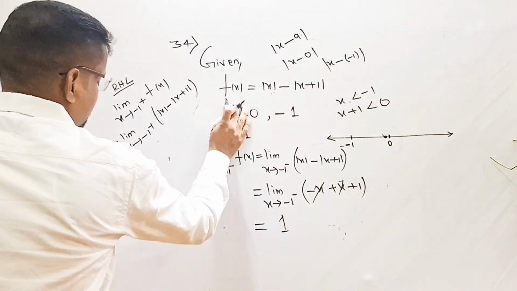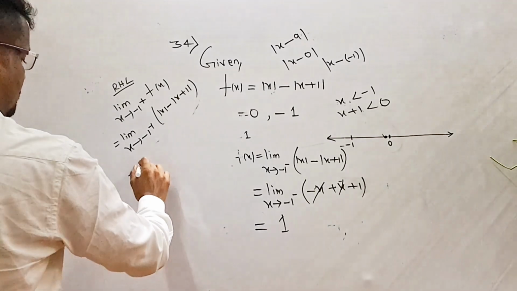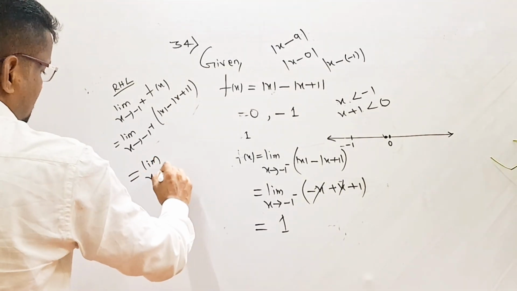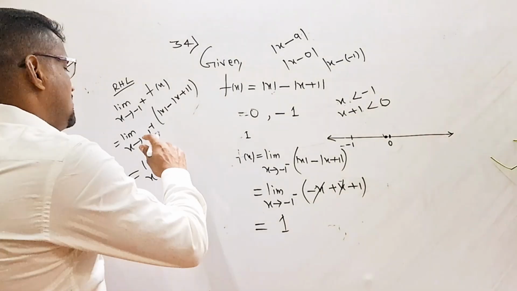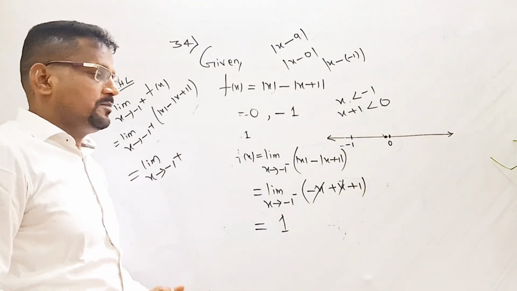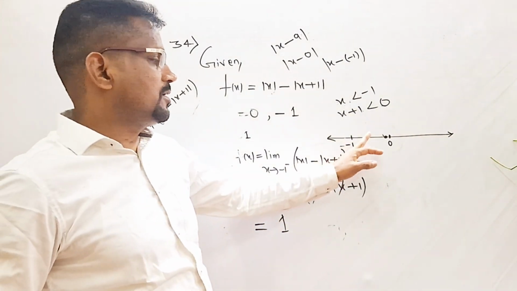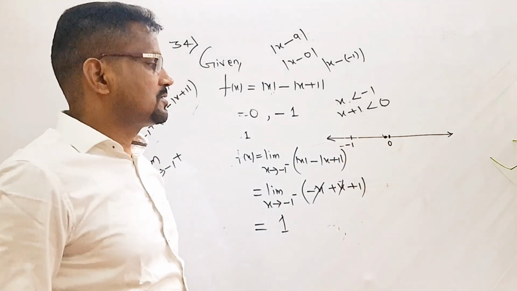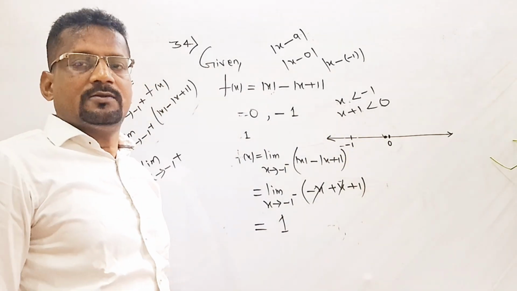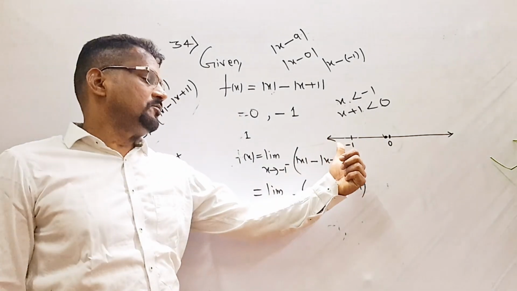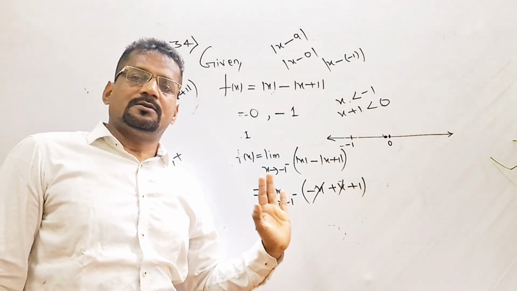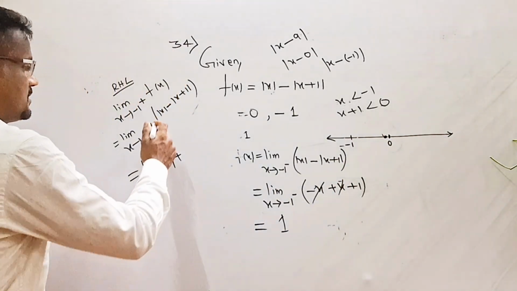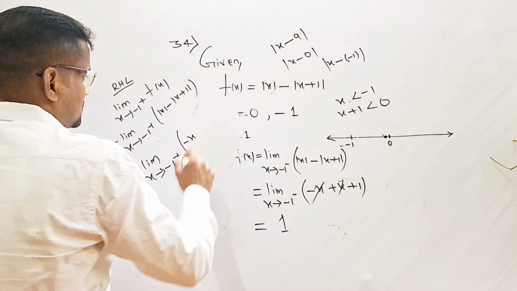That means x tends to negative 1 from the right side. So in that case, your x is less than 0. In either case, whether x tends to negative 1 from left or right, x is less than 0, that is confirmed. So here also you will get minus x.